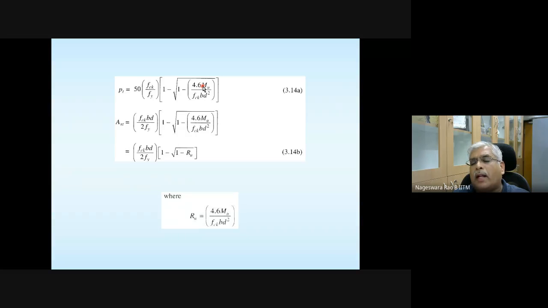SP16 gives, for different grades of steel and different grades of concrete, once Mu divided by BD square is known, the percentage of tensile steel in the form of a table. We'll see that. Also, it is given in the form of a chart. We'll see that.